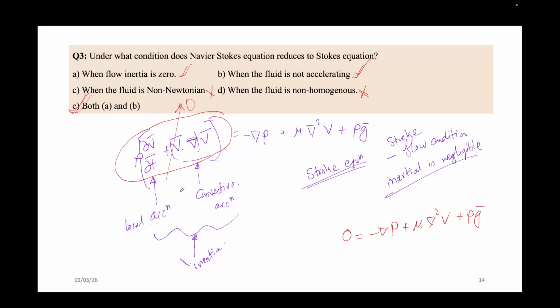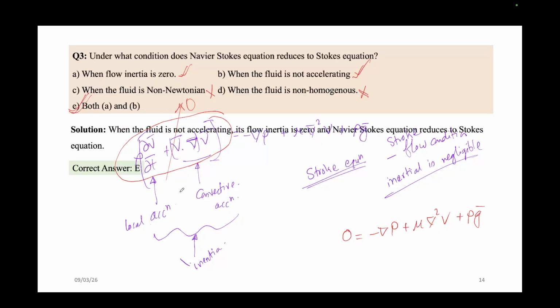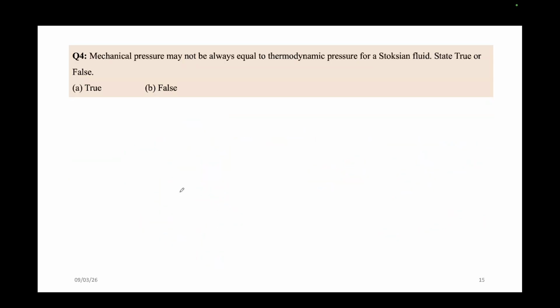Next, I'm moving to the next question. It is quite easy because I have already discussed this. Please try to answer. It talks about a Stokesian fluid.